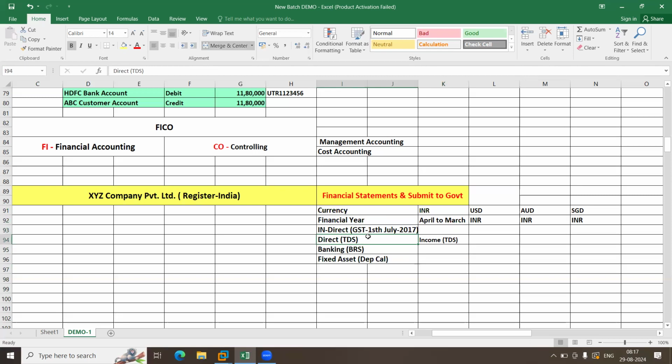Some countries still use VAT, some use GST, and even TDS is not the same for every country. Some countries, I heard, have no TDS for employees. Their government does not deduct any TDS on employee salary.